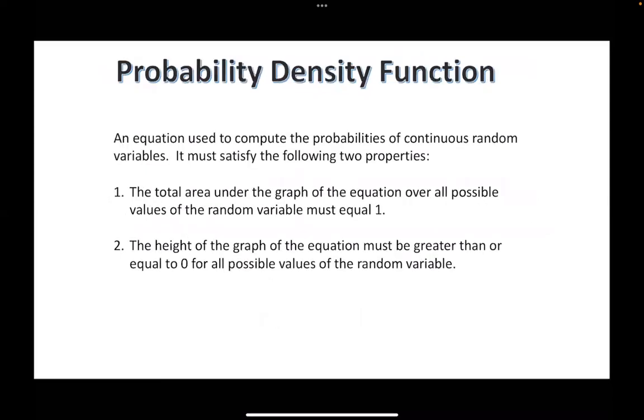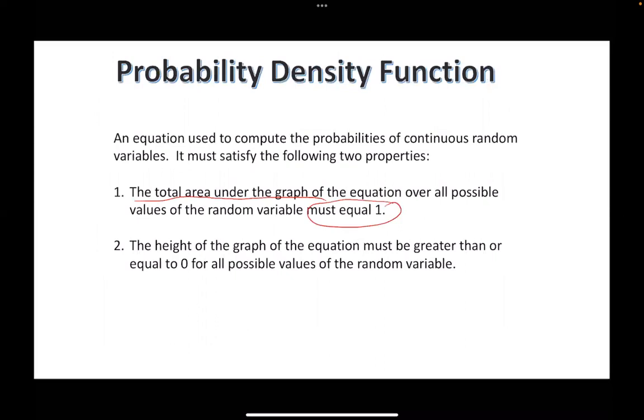So I'm going to graph it in a minute, and you will see what I mean. With a probability density function, the total area under the graph has to equal 1. So we have 100% probability that he's going to be between 0 and 30 minutes late.